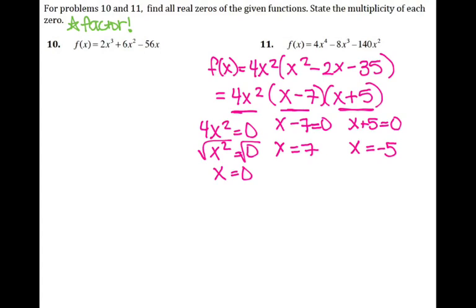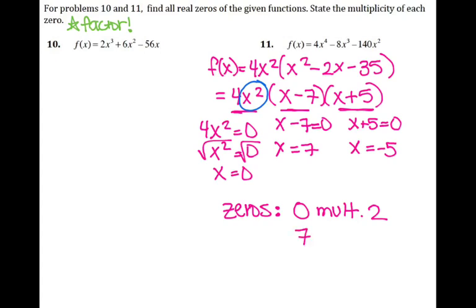Now it does say to state the multiplicity of each 0, so I'm going to list them all out. For my first 0 of 0, that actually has a multiplicity of 2, because it came from a squared factor. That x is being squared, which means it is used twice, so your 0 is going to have a multiplicity of 2.